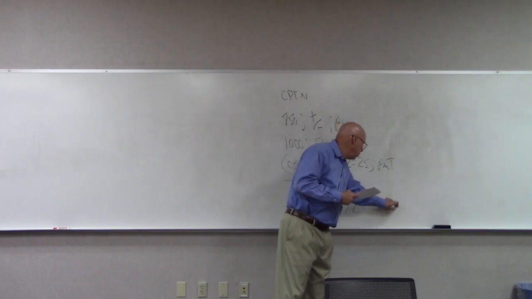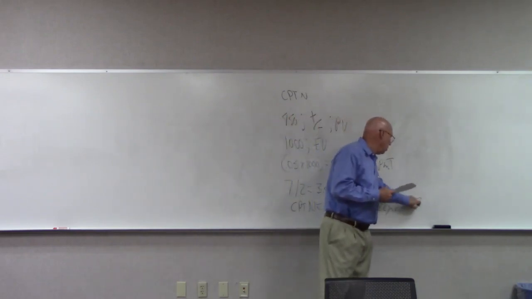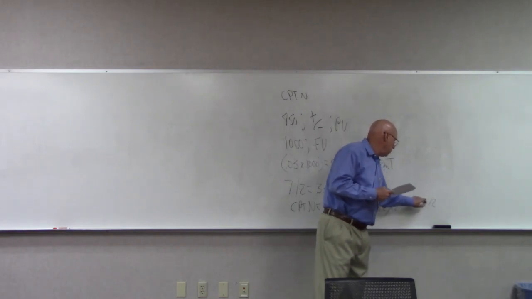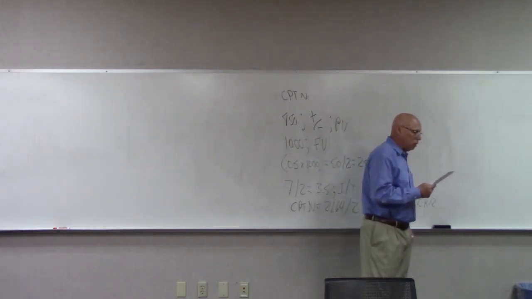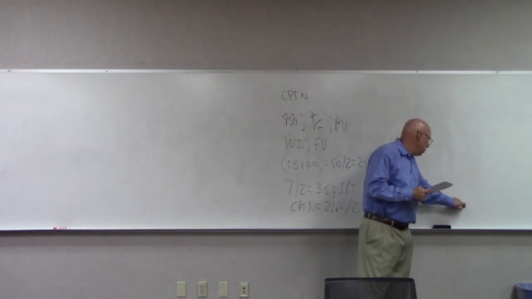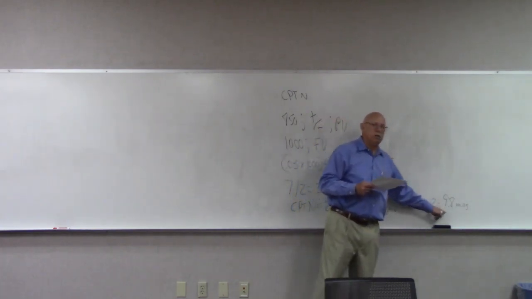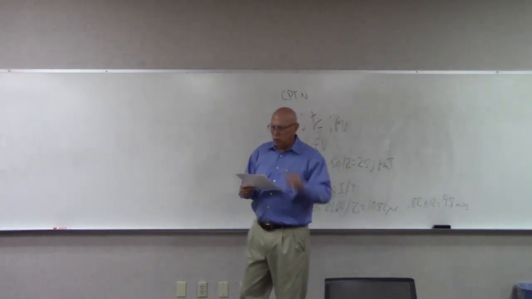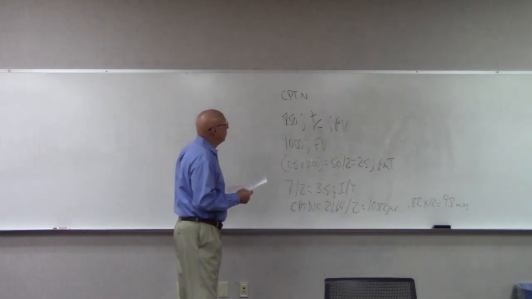And 0.82 times 12 is 9.8 months. So 10 years and 10 months is how long until this bond matures.